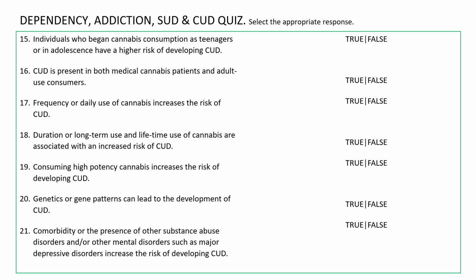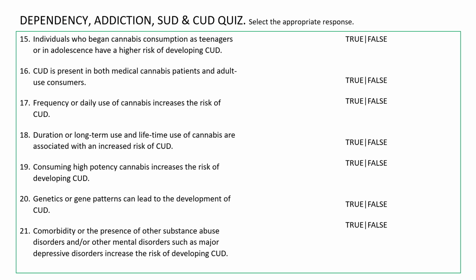True or false? True. Number 16. CUD is present in both medical cannabis patients and adult use consumers. True or false? True. Number 17. Frequency or daily use of cannabis increases the risk of CUD. True or false? True. Number 18. Duration or long-term use and lifetime use of cannabis are associated with an increased risk of CUD.